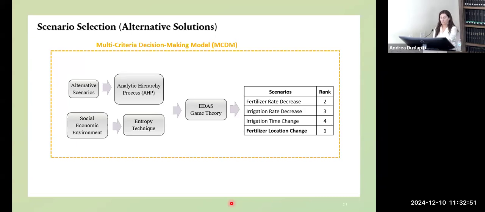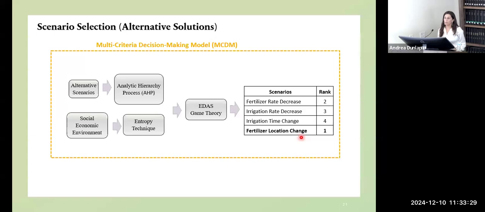Using these techniques, AHP and entropy, each of them gives weight to the importance of the index we are looking at. And then, using two techniques in the decision-making model, we made sure the results for ranking are compatible.